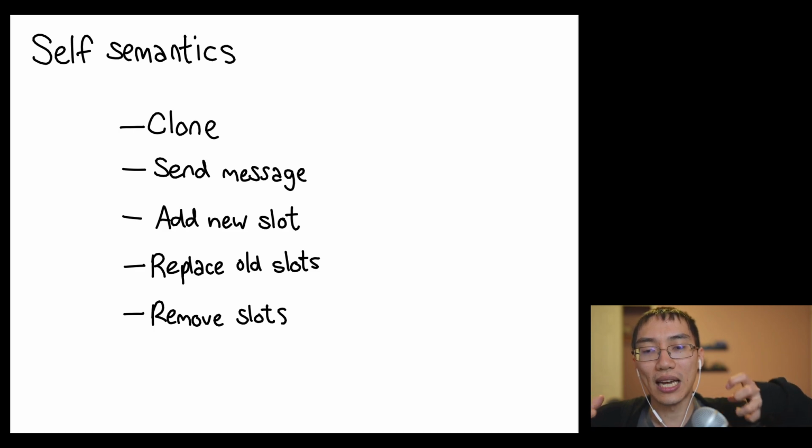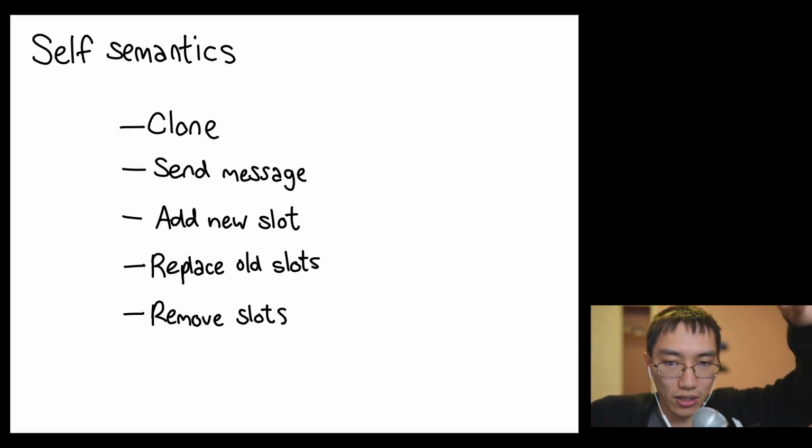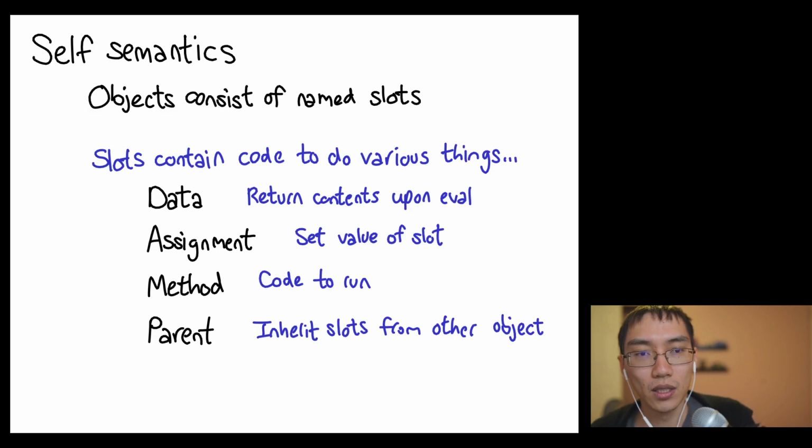The prototype is a sort of impoverished version of the object you're going to create that you can clone and use to then fill out with the actual information. And then we're going to have a bunch of slots on these objects which we'll interact with to store our instance variables. So objects consist of named slots.